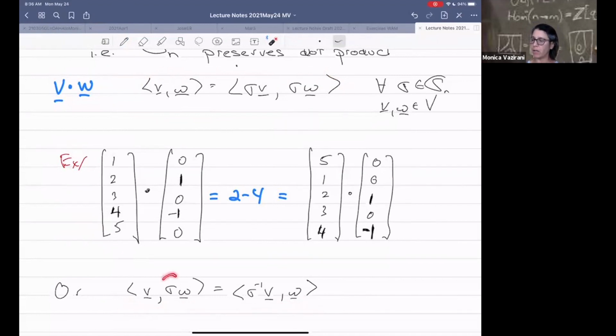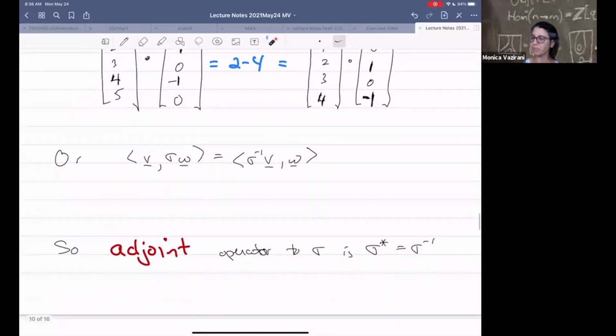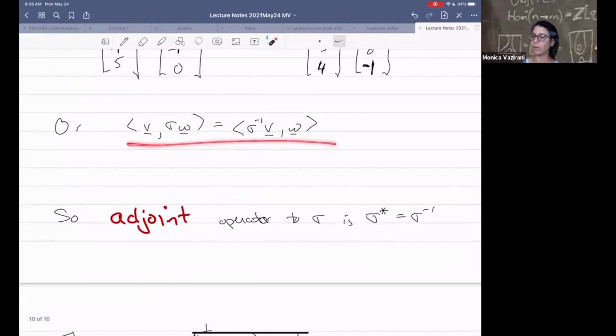That you have a pairing and you have an operator on one side, and you're saying, oh, it's equal to the pairing where there's a different operator jumped over on the other side. Well, that's what we mean by the adjoint, right? So with respect to a pairing, an adjoint operator is one that satisfies, the adjoint to sigma would be whatever you can put here to make the statement always true for all v and w, right? So just remember adjoint from linear algebra, because we're going to see adjoints for functors later. And so we can say the adjoint to sigma is sigma inverse with respect to dot product.